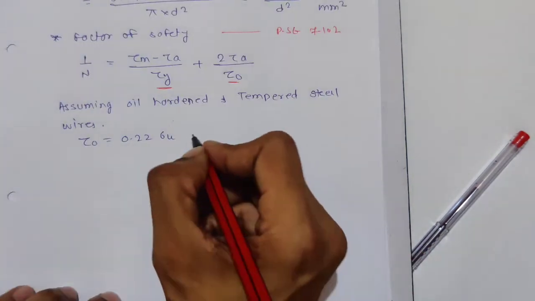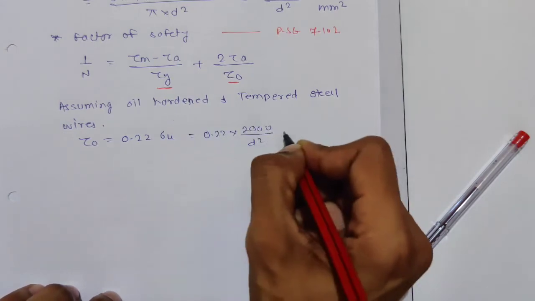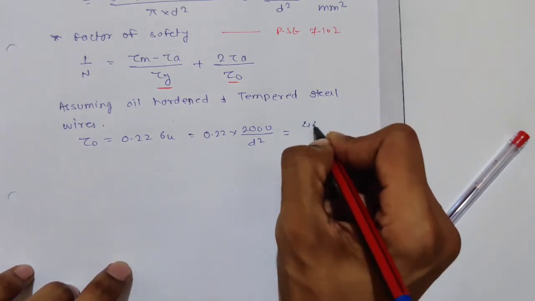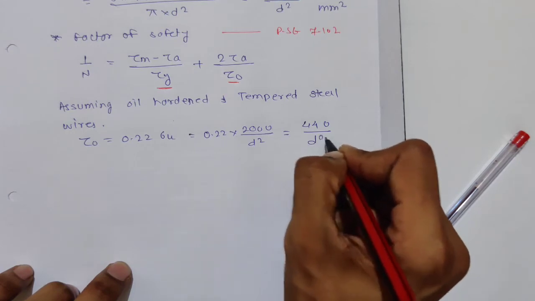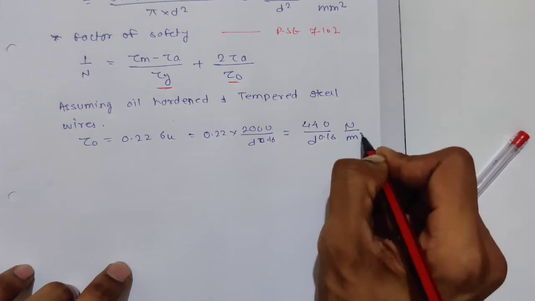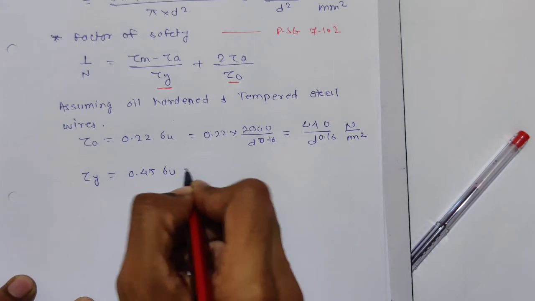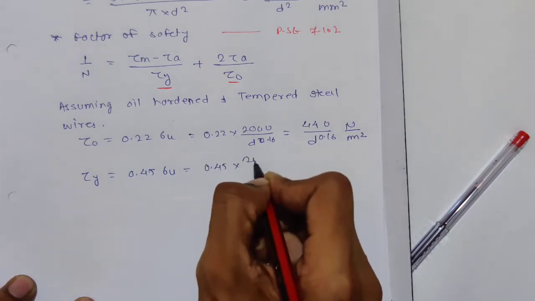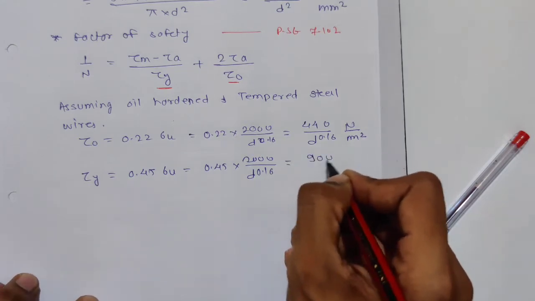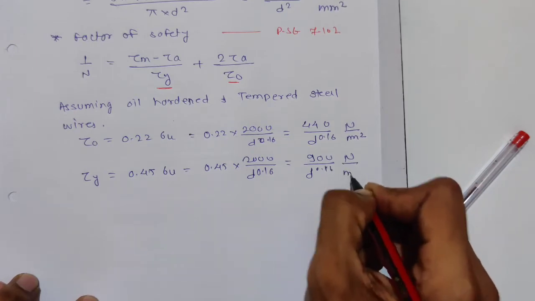Just putting that value, 0.22 into 2000 upon d raised to 0.16, you will get the value as 440 upon d raised to 0.16 Newton per mm square. Similarly, tau y is equal to 0.45 sigma u, so it is 0.45 into 2000 upon d raised to 0.16, which is equal to 900 upon d raised to 0.16 Newton per mm square.